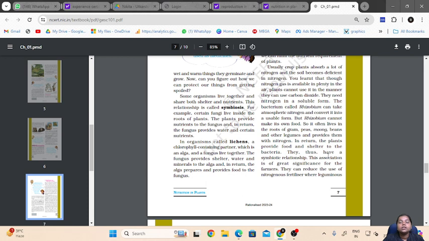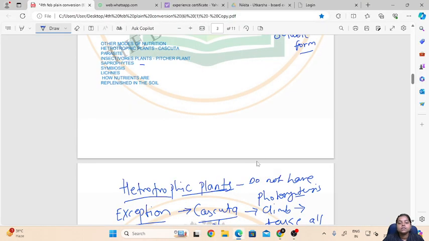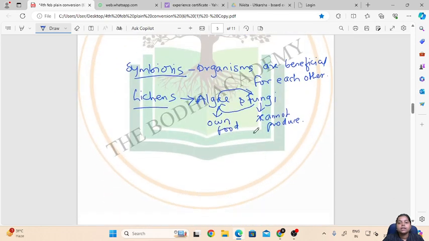But these rhizobium cannot synthesize food on their own. So they have to live in close association with the roots of gram, peas and other crops, in the root nodules of these plants. From there they get benefits, just as we saw in symbiosis that both are benefited. Likewise, the rhizobium gets benefits from the plant.